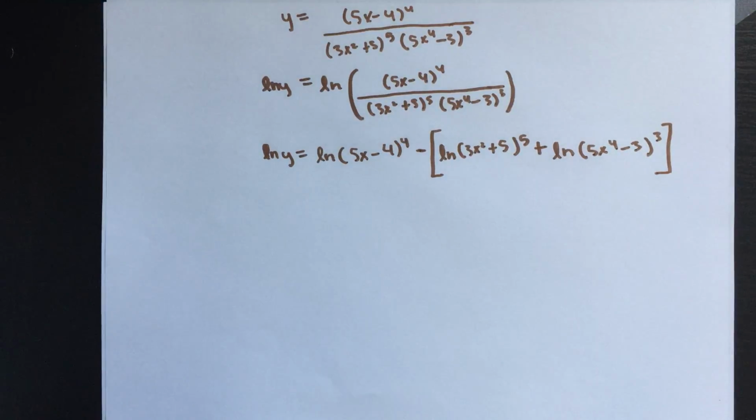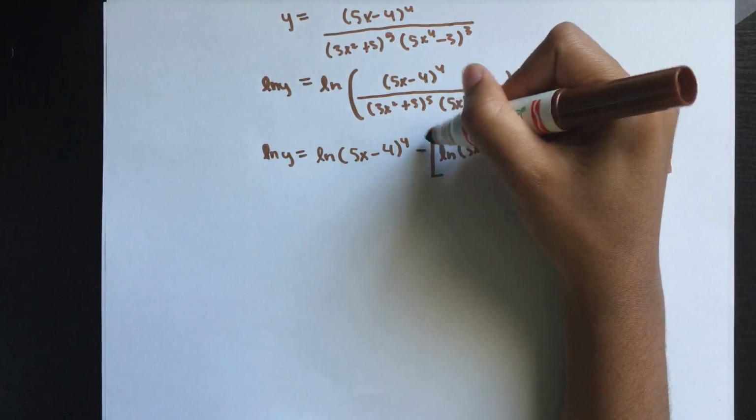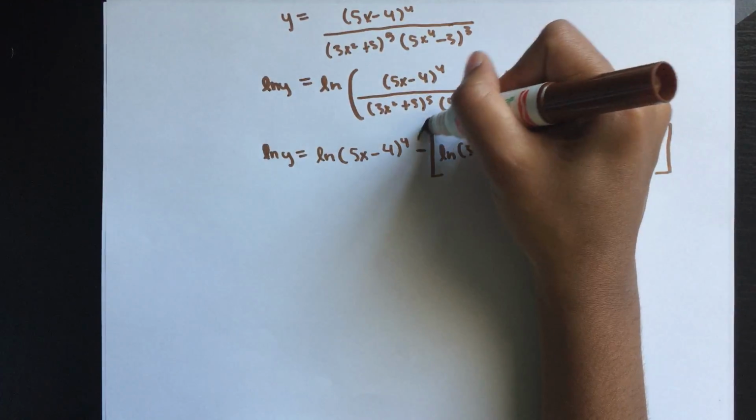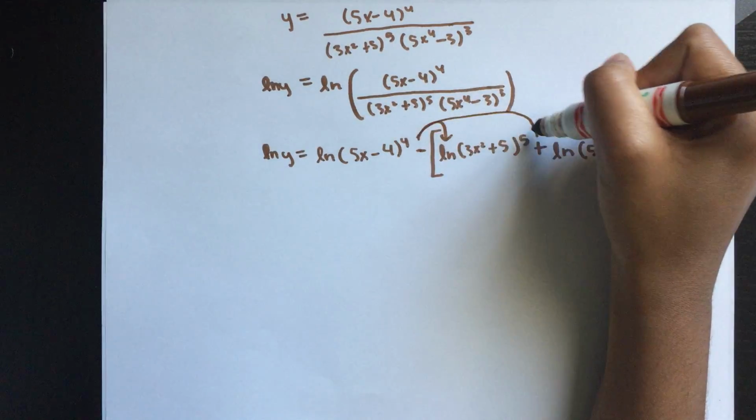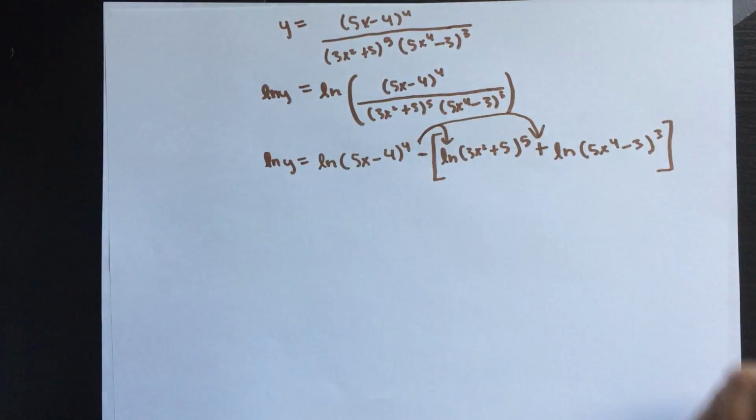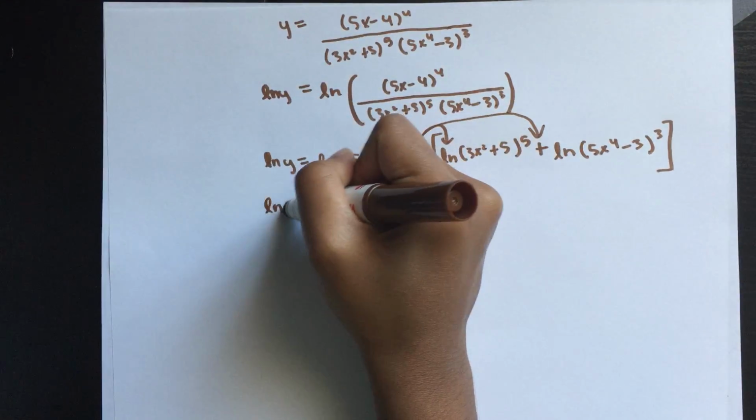The reason I put brackets is because some people, when they're doing the product rule in the quotient rule, forget about this negative and how it needs to be distributed to both. This negative needs to be distributed there. So I'm going to keep on going.